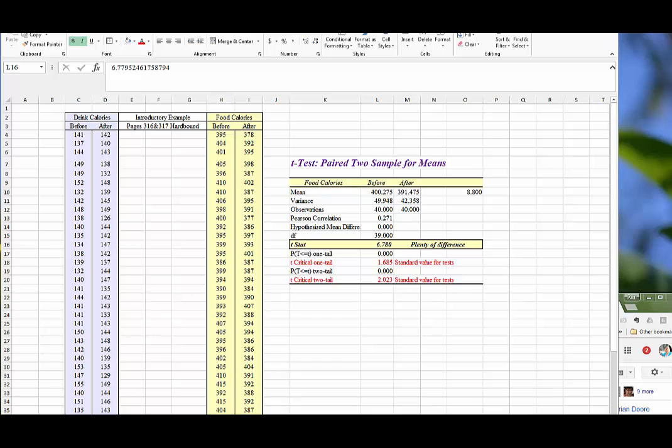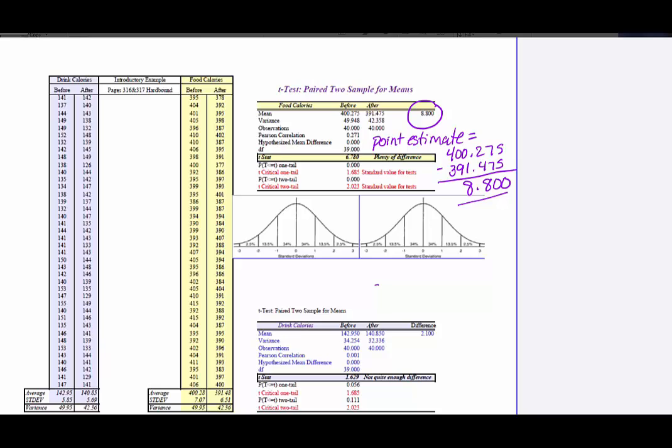So in the textbook they use a great terminology for this, I think, and that is that we've got a point estimate, and the point estimate is essentially the difference between the means. So let's just write that down here. So we've got the point estimate, which is the difference between 400.275 minus 391.475, and we get 8.8, and I had already calculated it in Excel before I put it into my trusty little iPad here.